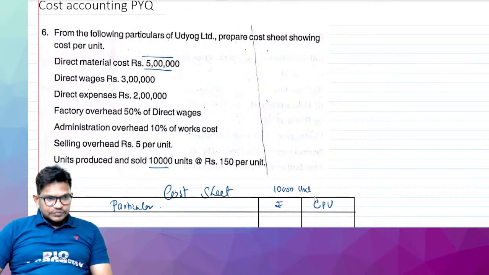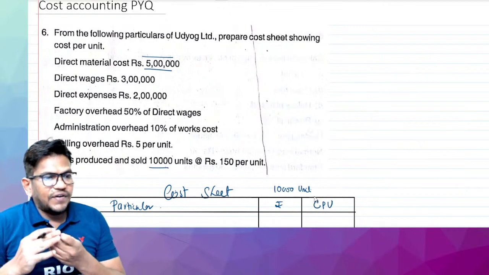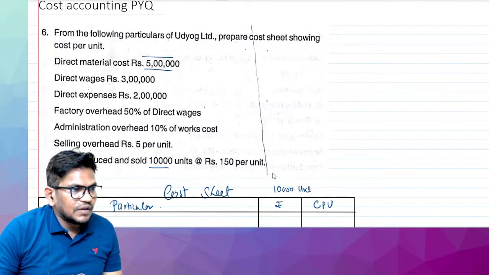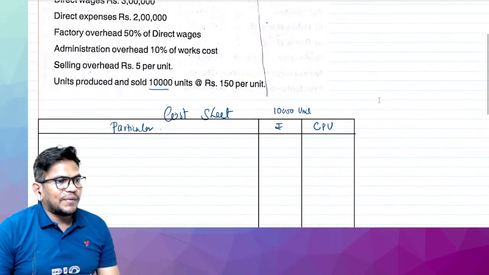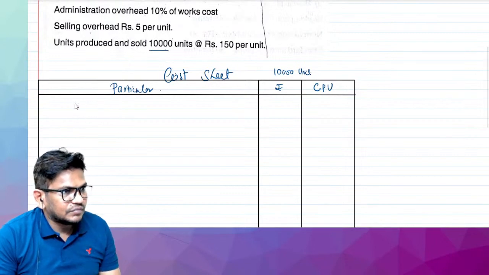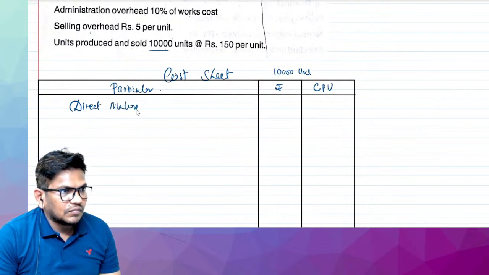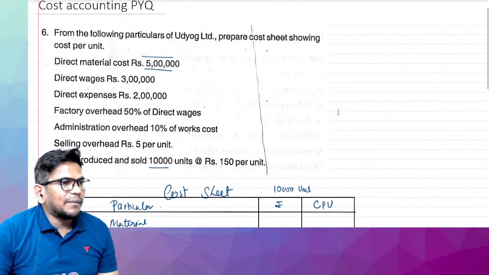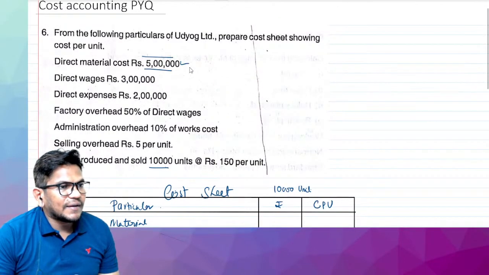First, what do we take? We take direct material. How much direct material do we have? 5 lakh.